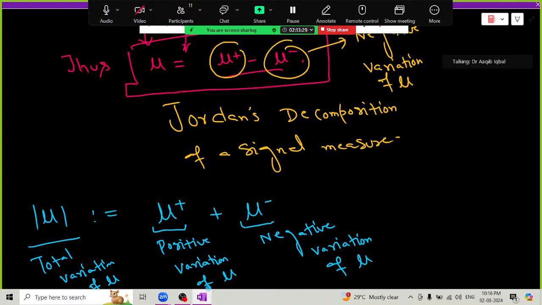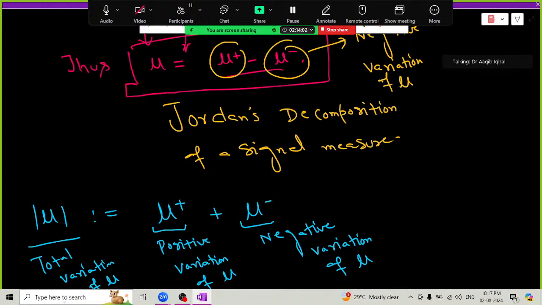The positive variation, negative variation, and total variation are all measures, and they are all created from the signed measure. So given a signed measure, you can create three measures: positive variation, negative variation and total variation. Remember this.